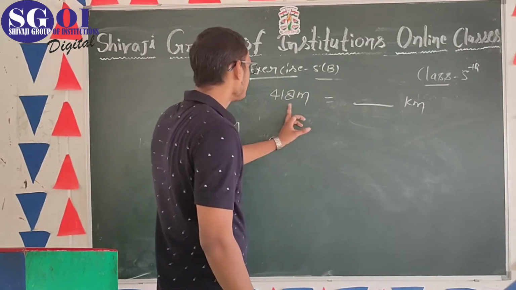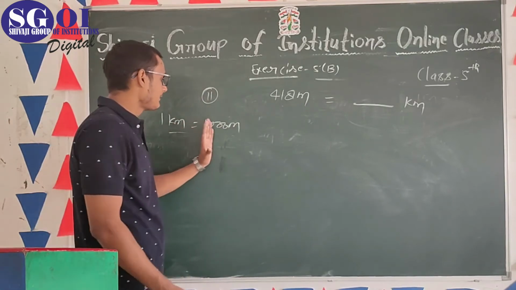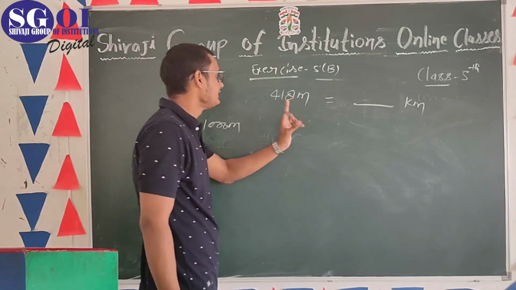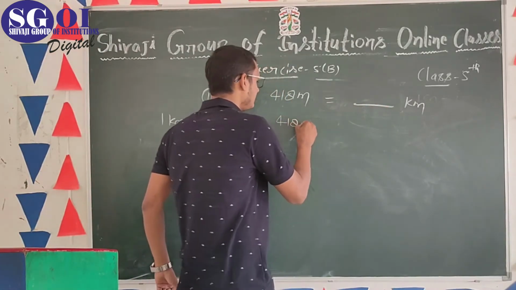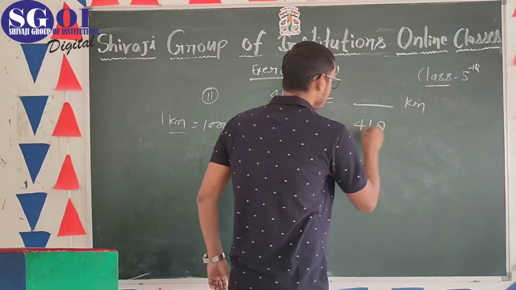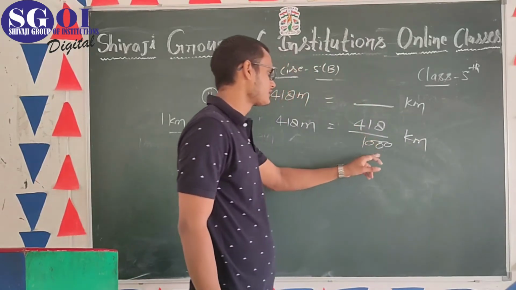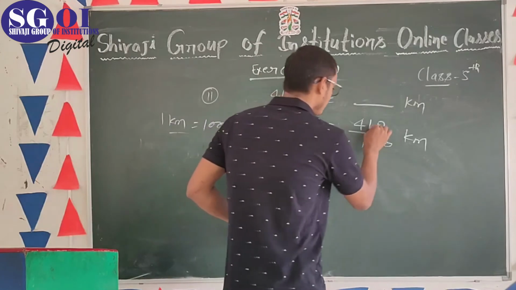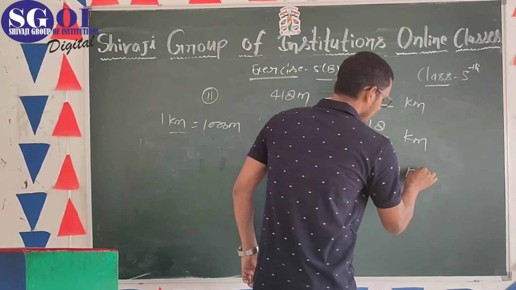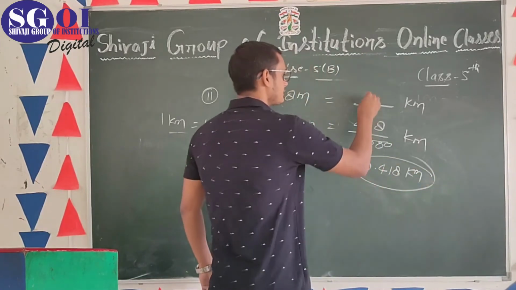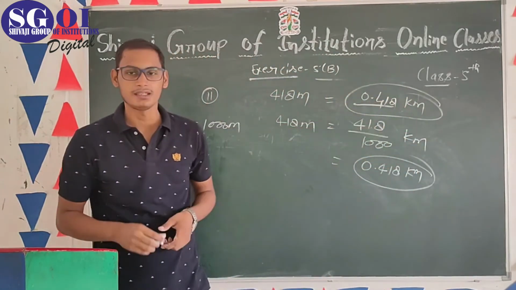So when we change kilometer into meter, we multiply by 1000, and when we change meter into kilometer, we divide by 1000. 418 meter is equal to 418 upon 1000 kilometer. Now divide by 1000: 0.418 kilometer. This is the right answer.